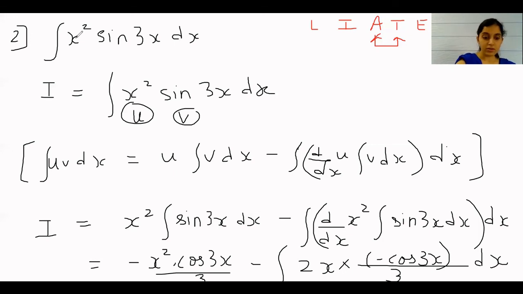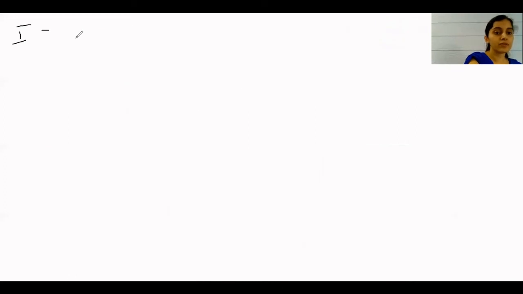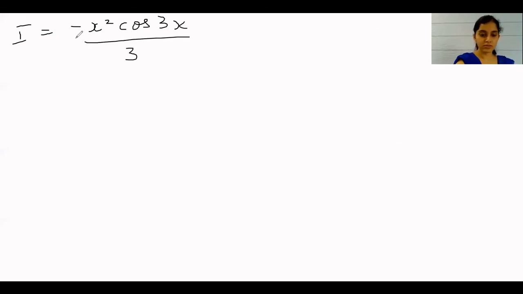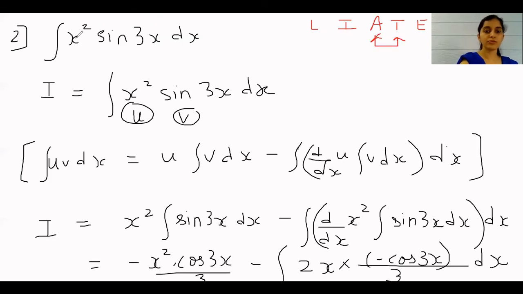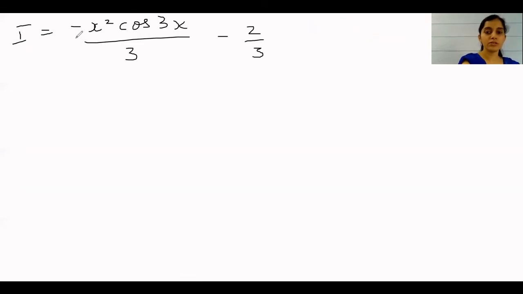So I is equal to minus x square cos 3x upon 3, minus, taking 2 upon 3 common, integral of x cos 3x dx.